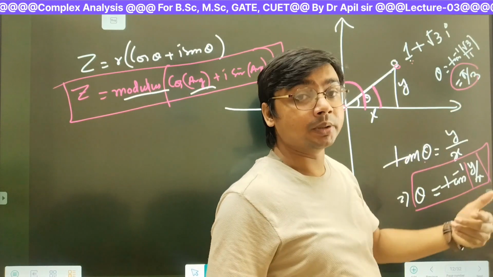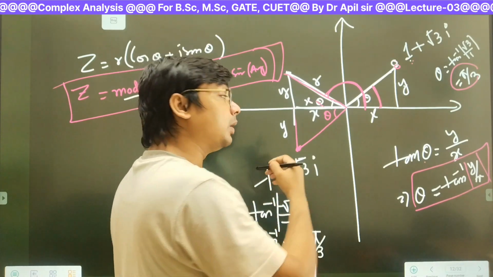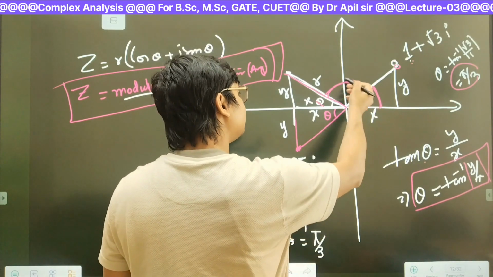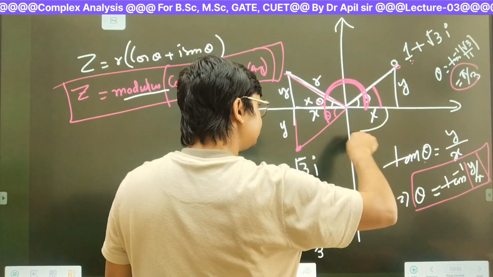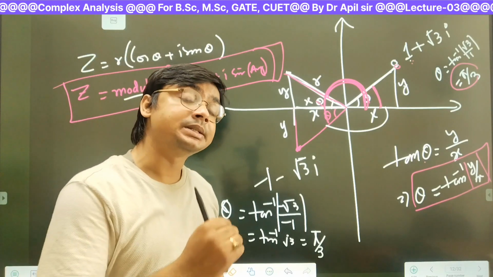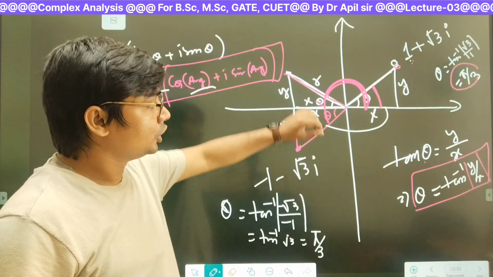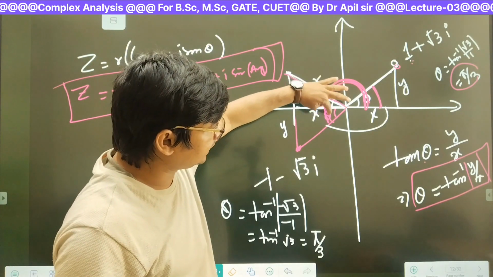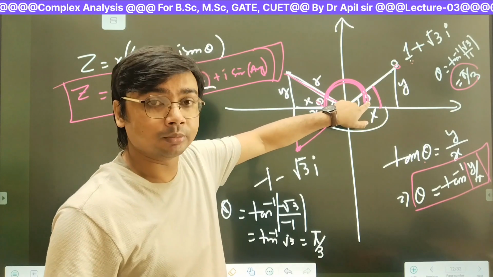This will be the argument. But in this other complex number, what will be the argument? The actual argument will be this one or this one, because we need the angle which the line OP makes with the positive direction of the x-axis. So is this the required argument? No, we need this one as the argument.